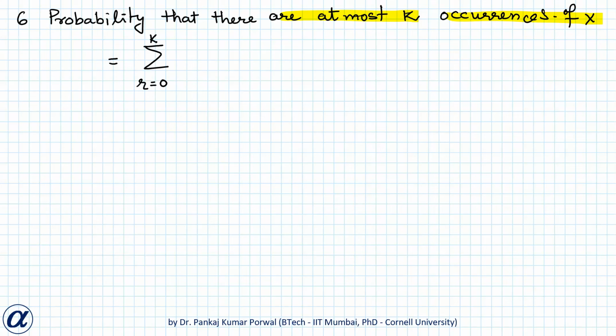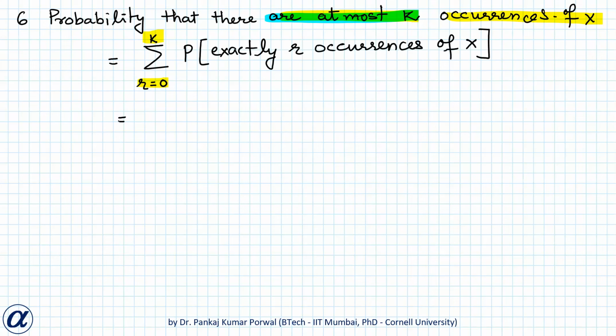This time I am adding from 0 to k because in this case we can have exactly 0 occurrences of the event, exactly 1 occurrence, exactly 2 occurrences, and up to exactly k occurrences of the event. So that will be the probability of exactly r occurrences of x, and that I can write using binomial probability as nCr p to the power r q to the power n minus r.